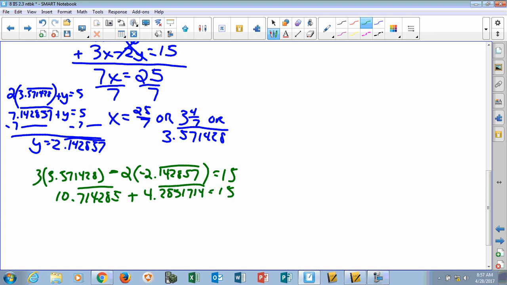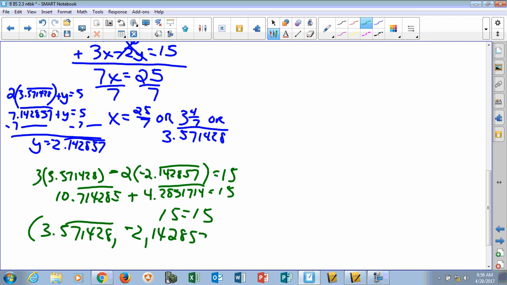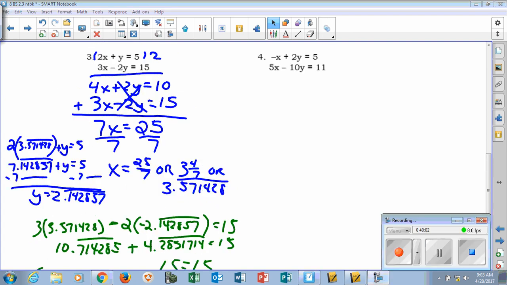When I actually add these together, you get 15. So our crazy coordinate, which is a lot of decimals, but you would understand the fraction because they're all sevenths, is this. All right. So I'm going to pause this for right now.